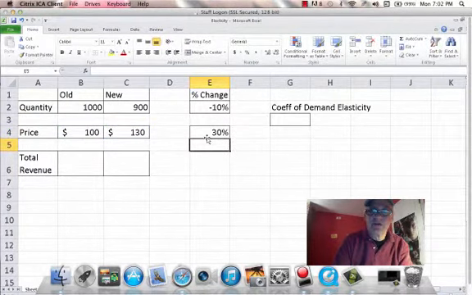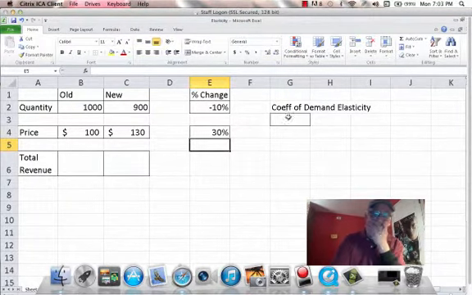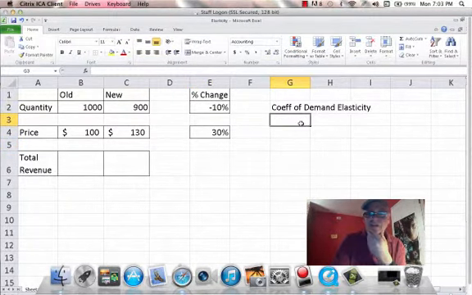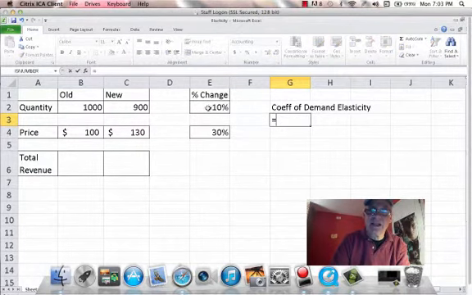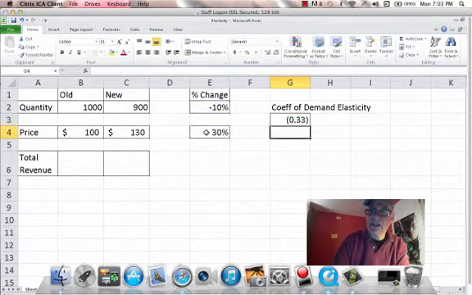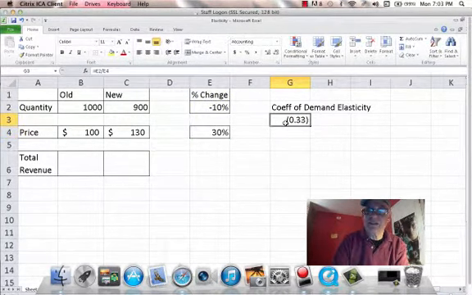And there's my 30% rise in price. So the coefficient of demand elasticity is the percent change of quantity divided by the percent change in price. So to finish off this formula, I take this 10% divided by the 30%, and my coefficient is 0.33.